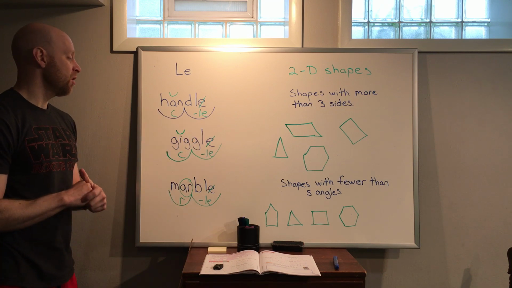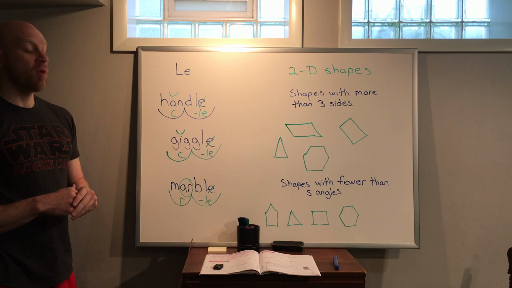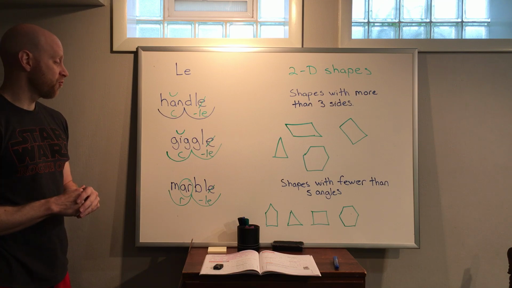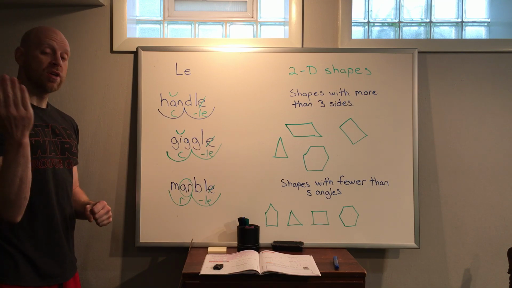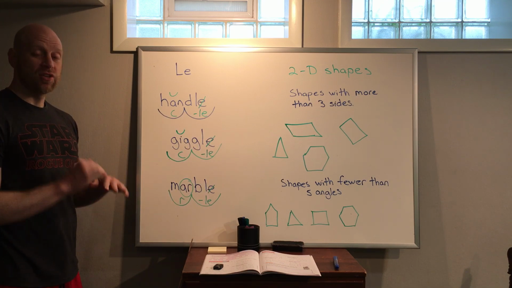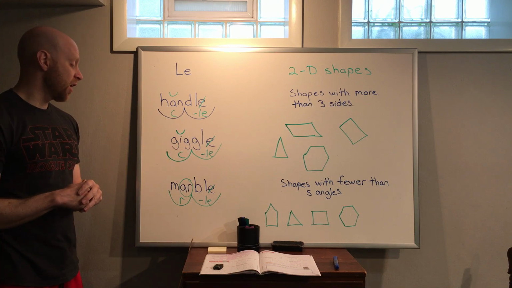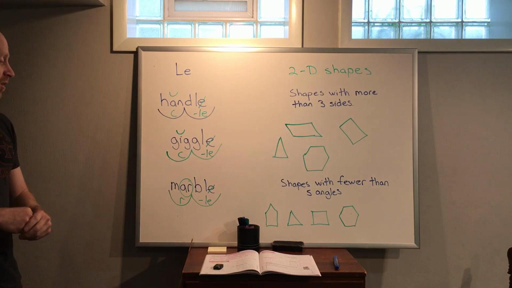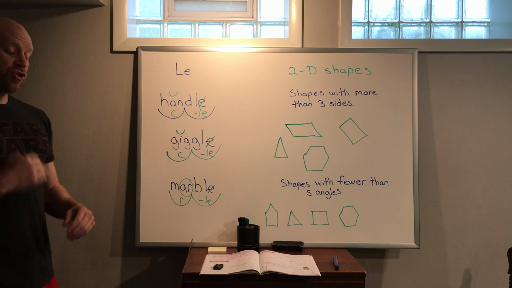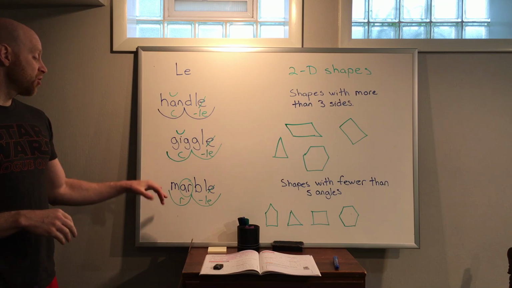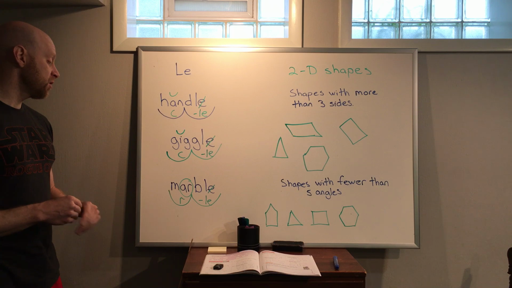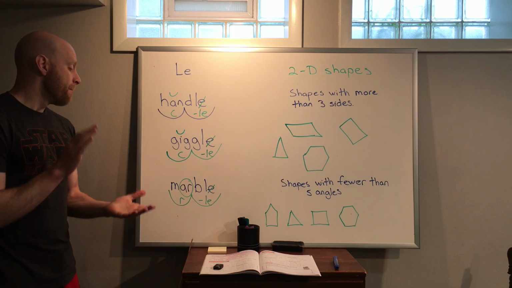And then once again, we have our LE matched up with a short vowel syllable. So we X out the E because we don't hear it, and we give it an LE. And then at the bottom, just showing us how many different syllable types the LE team can go with.